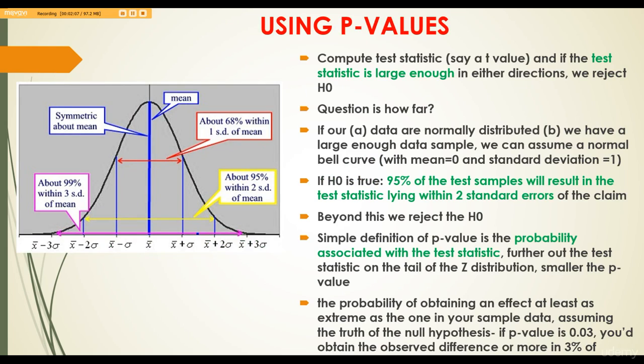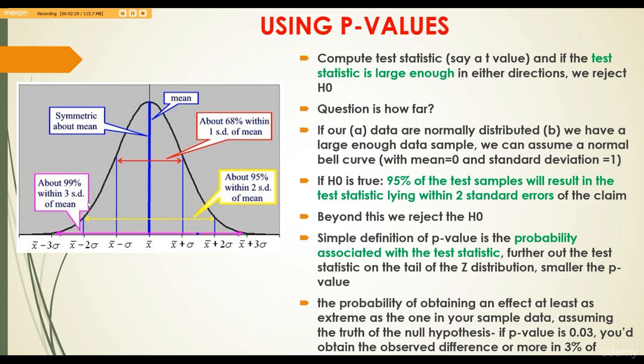So now I'm going to talk you through using p-values, and first we are going to start by computing a test statistic, say a t-value, which is something that we will cover further on. If the test statistic is large enough in either direction, we reject the null hypothesis. But the question is, how far?